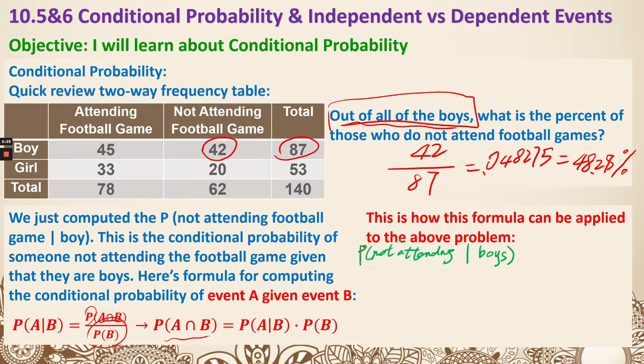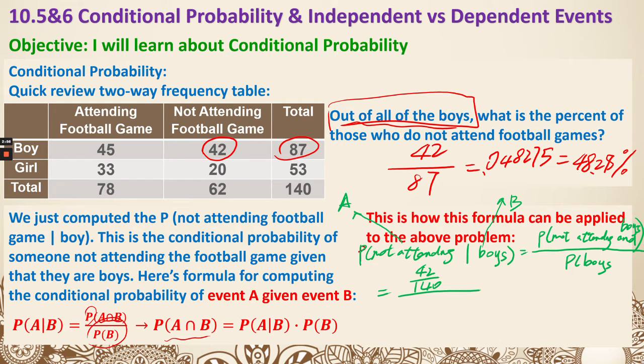So that's basically our event A, and that's our event B. So A given B. It's the same as the probability of not attending and boys over the probability of just boys, because that's our B. And the probability of not attending and boys is right here, 42 out of 140.